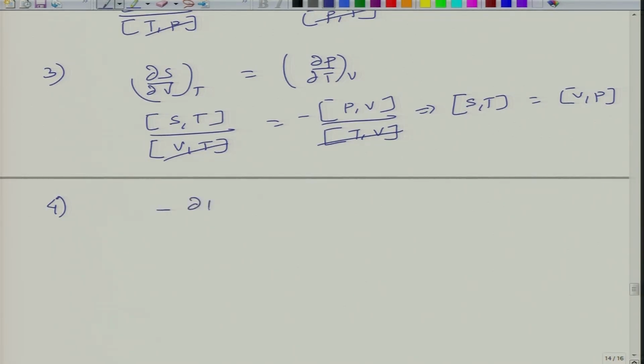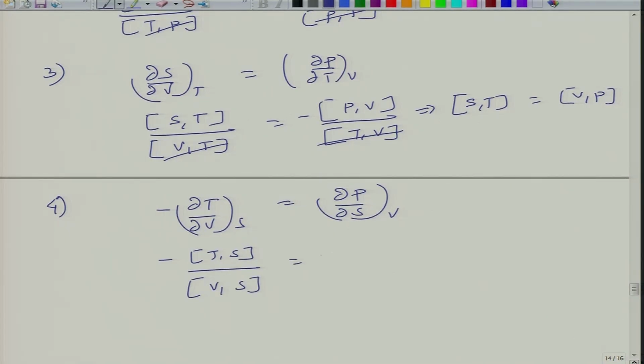Let us look at the final Maxwell relation we have from these fundamental relations. So, this is the same with negative sign. So, hence this becomes positive.